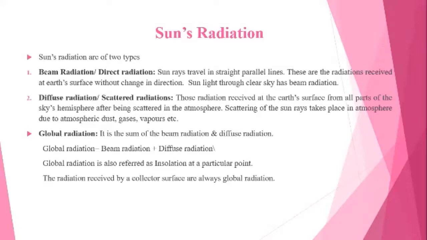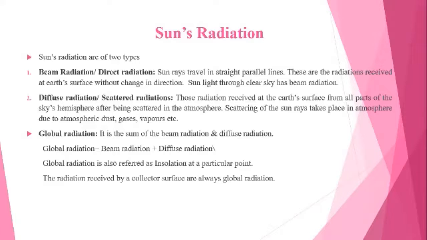Okay, next point is sun's radiation. Sun's radiations are of two types. The first type is beam radiation, or direct radiation.